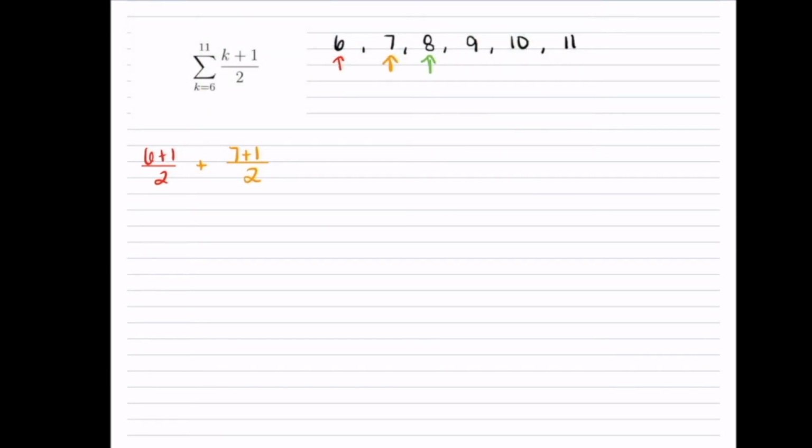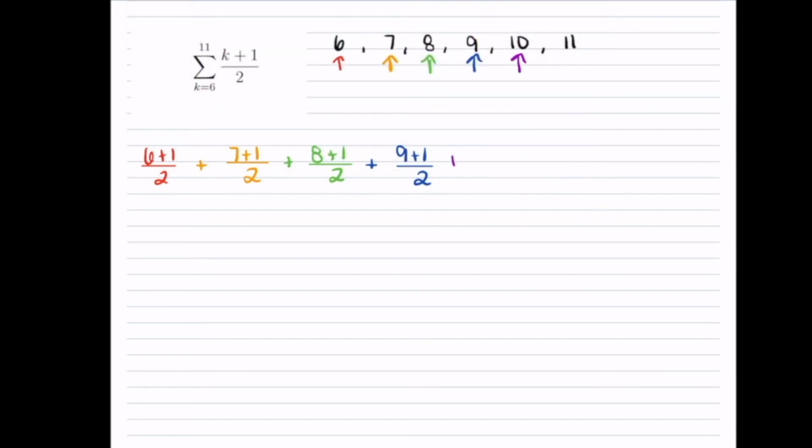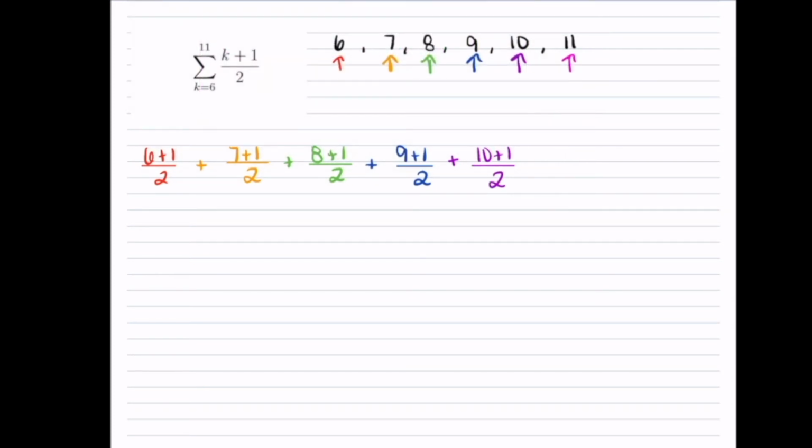K equals 8, 8 plus 1 over 2. K equals 9, 9 plus 1 over 2. K equals 10 is 10 plus 1 over 2. And k equals 11, 11 plus 1 over 2.